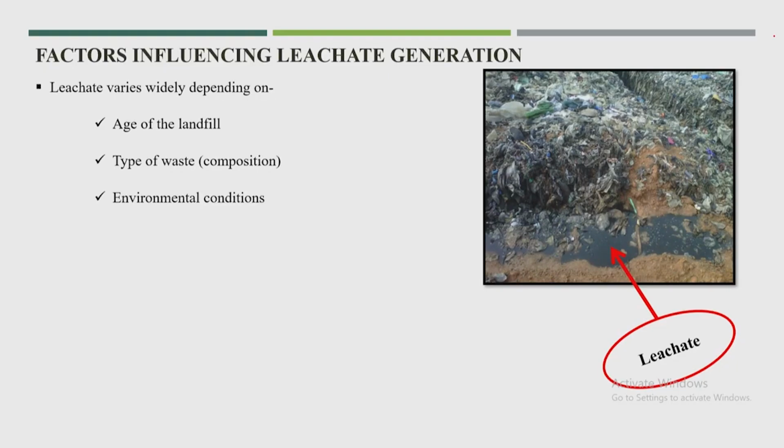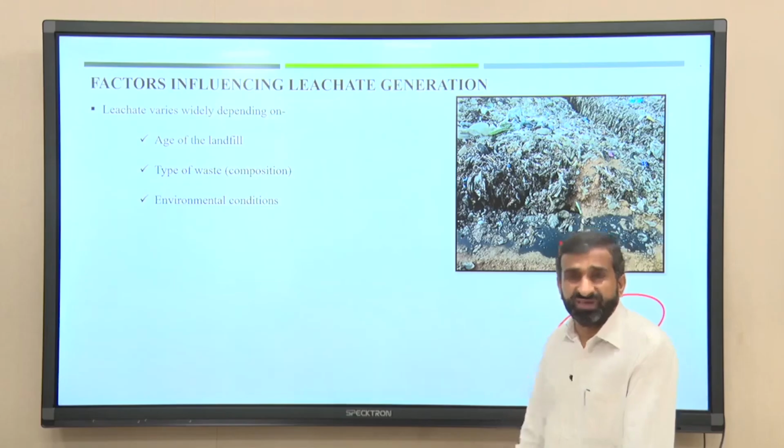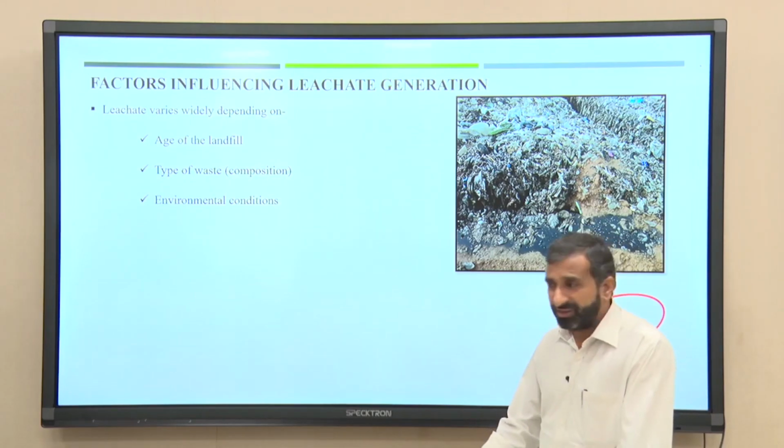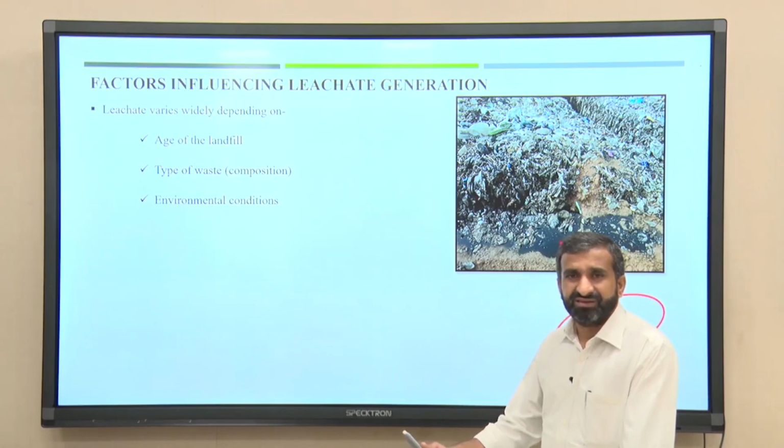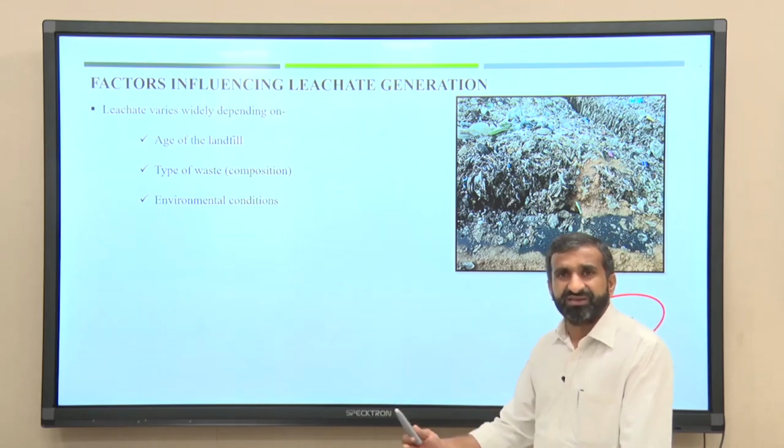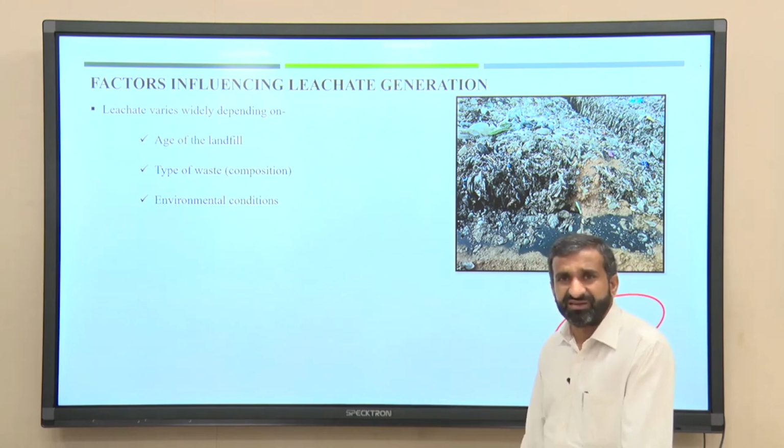Even the pollution load is not that high in the initial days, but after 4 or 5 years more leachate is produced, because by then all the voids have been filled up and the entire waste has been compacted properly. Both manual compaction and natural compaction are possible up to a particular year, and later on very strong leachate will be produced.